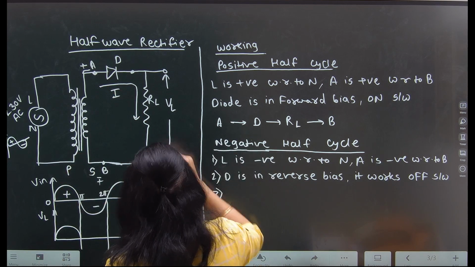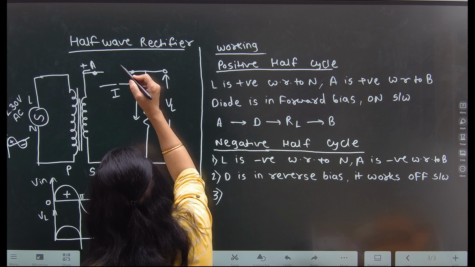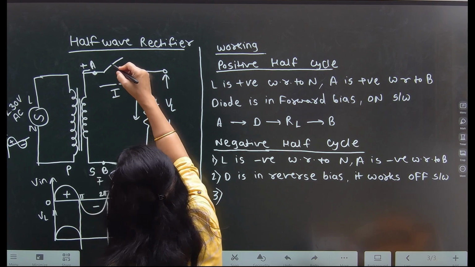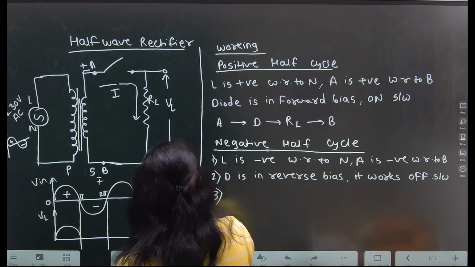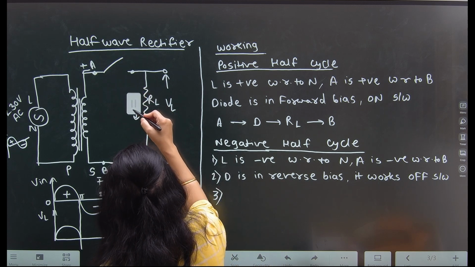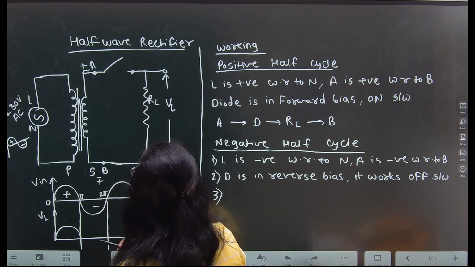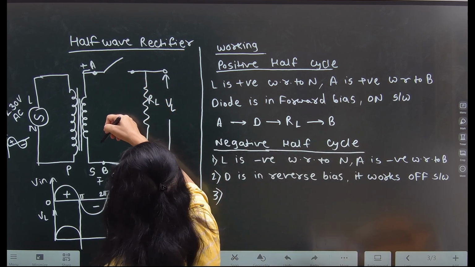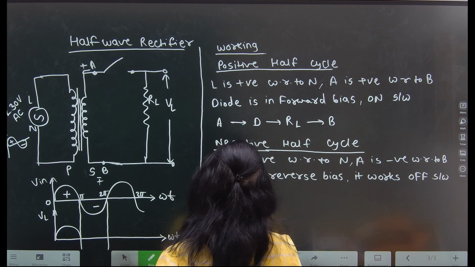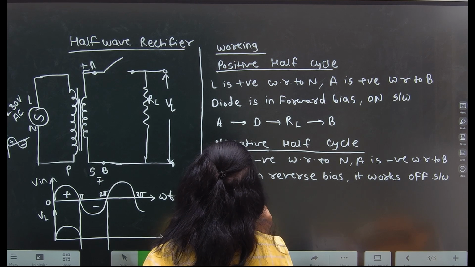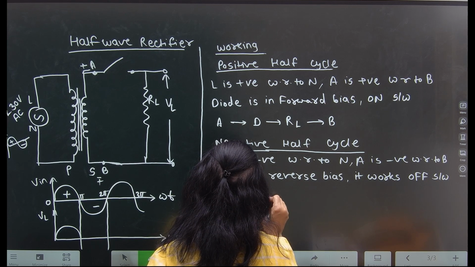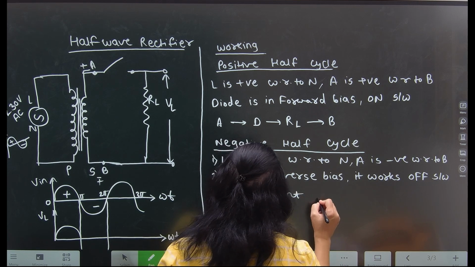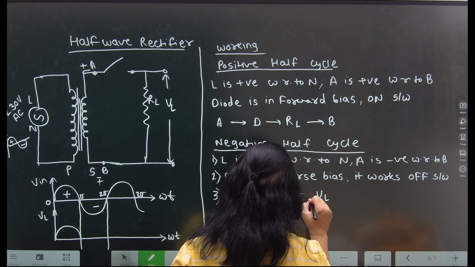So there will be an open circuit. No connection will be there between the load resistor and the secondary winding. So no current will flow because the circuit will not get completed. No current will flow through the diode or through the circuit. No current, and VL is equal to 0.